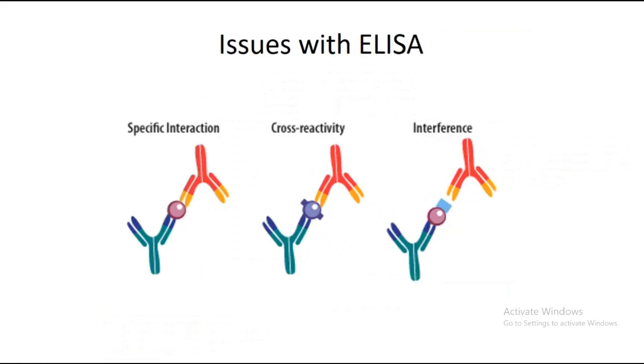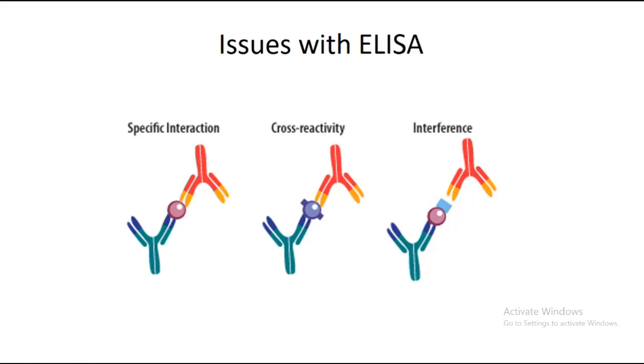So in terms of some issues you might have with the ELISA, on the left hand side, this is the ideal scenario, okay? So you have a specific interaction between the target here and the capture and detection antibody. But what can happen is you can get cross-reactivity where some antigen that you're not interested in manages to interact with the detection and the capture antibody.